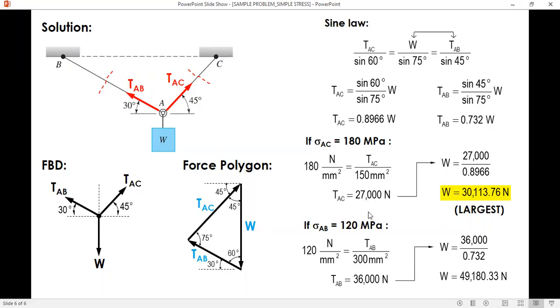So if that value will be put here, and then divide by 150, the resulting stress of EC is bigger than 180. So it's no longer safe because 180 is the maximum allowable value of cable EC. Therefore, this value is not safe. So the largest safe value should be 30,113.76.